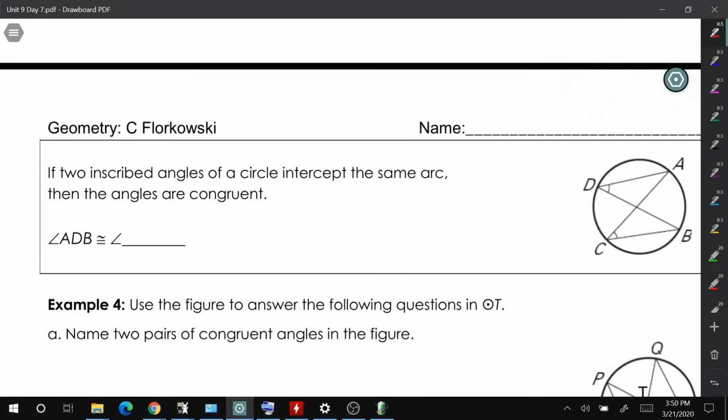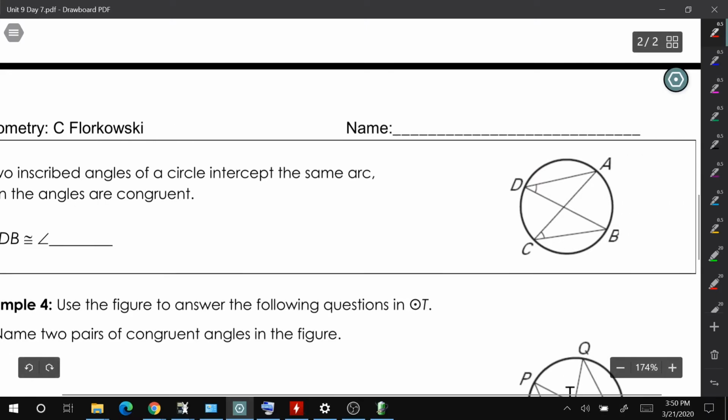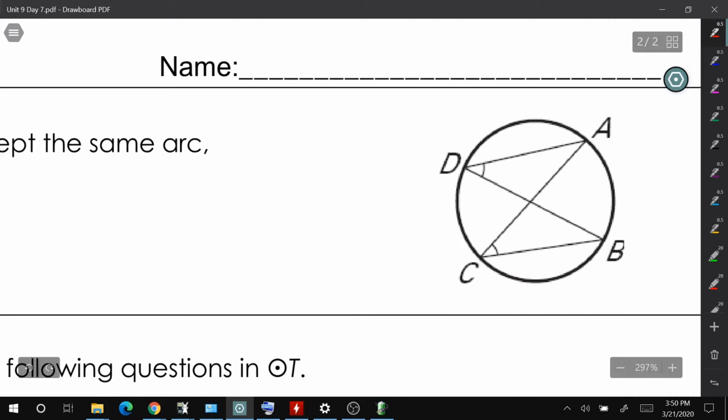One of the things that's easy to miss is when two inscribed angles have the same arc. So if we look at this picture, here's your arc AB, and you have angle ADB, this inscribed angle, and then angle ACB, this one right here, has the inscribed angle.